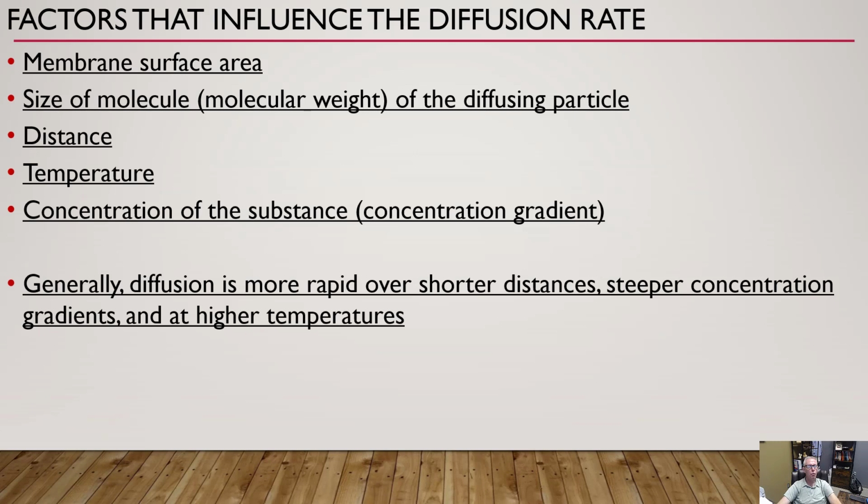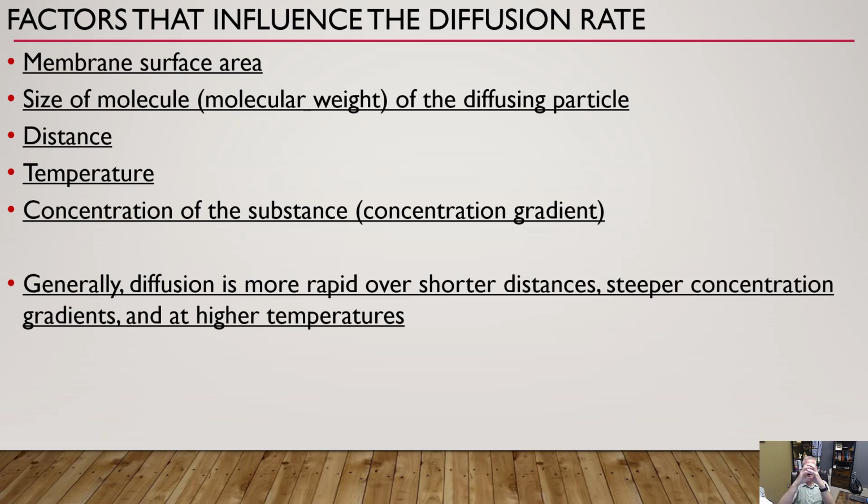All right, so what affects the diffusion rate? Well, obviously the membrane surface area. The larger the cell, the bigger the cell membrane, the more we can get in that cell. The size of the molecule.